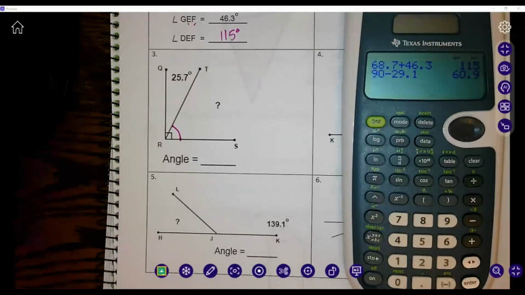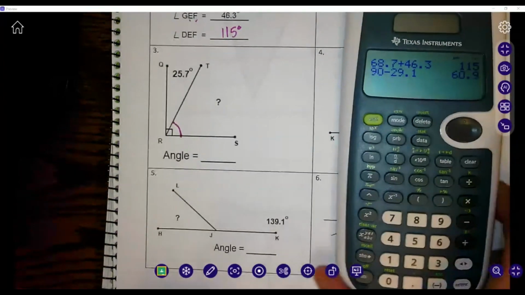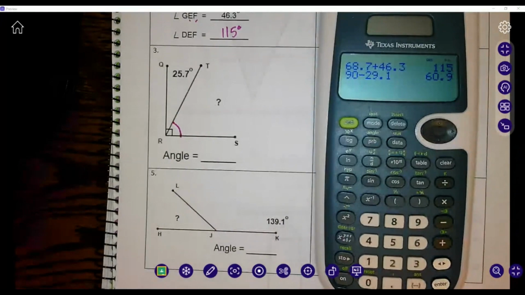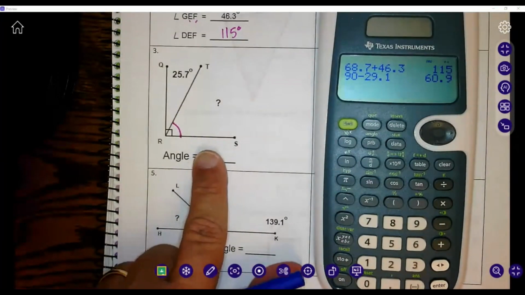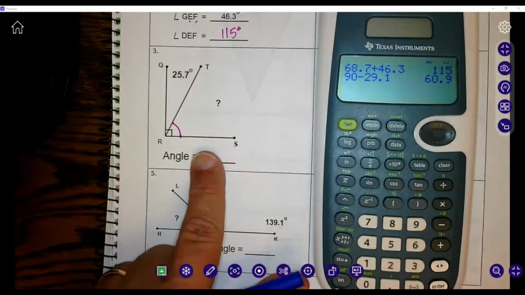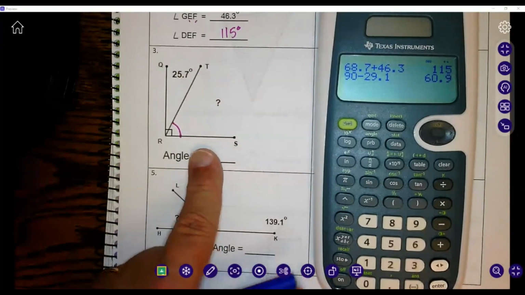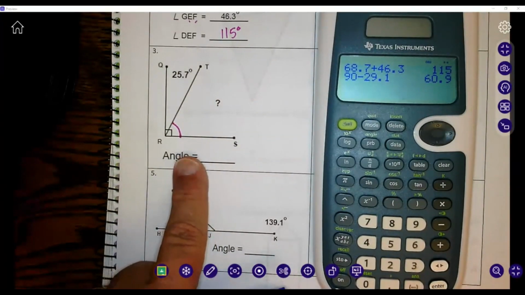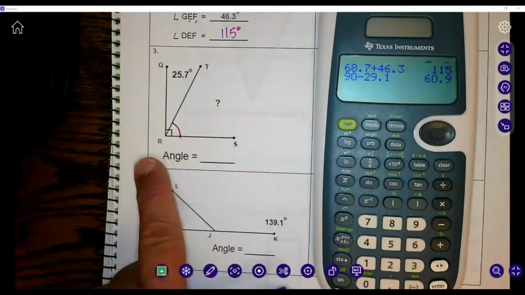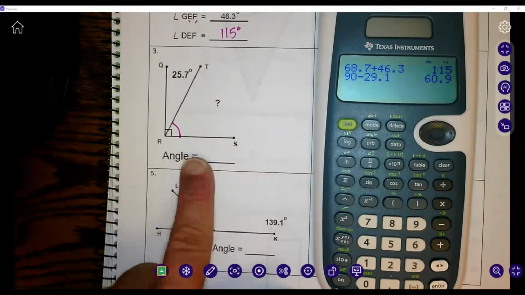Okay, I'm asking what are we going to punch into the calculator to find this missing angle? What do we punch in the calculator?